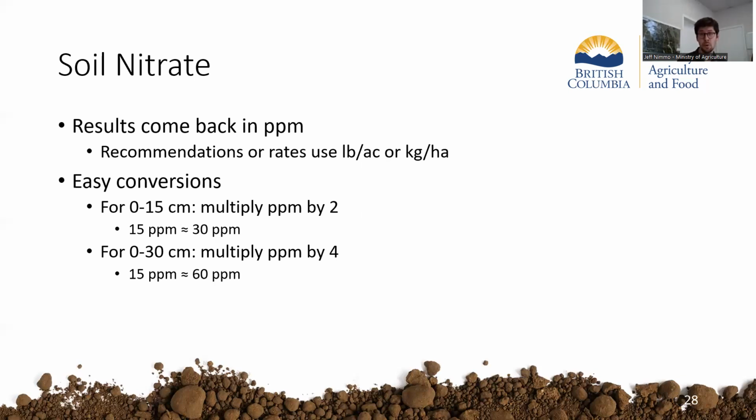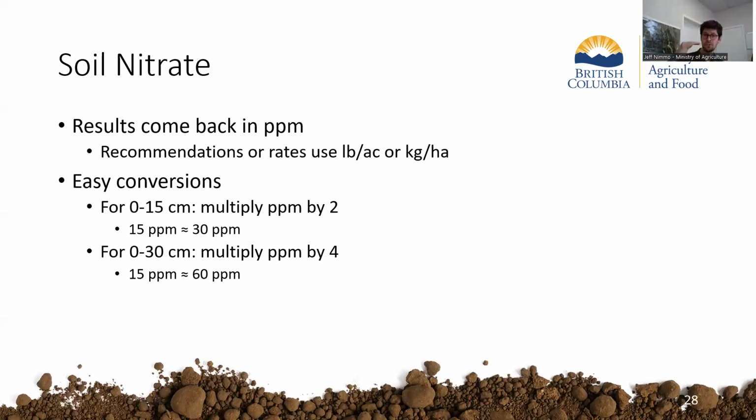But it is pretty straightforward. If you see parts per million on your soil test, to convert that, there's a rough rule of thumb that you can use. If it's a sample from the top of your soils, the 0 to 6 inch region, you can just multiply that by 2 and you'll end up roughly at the pounds per acre.